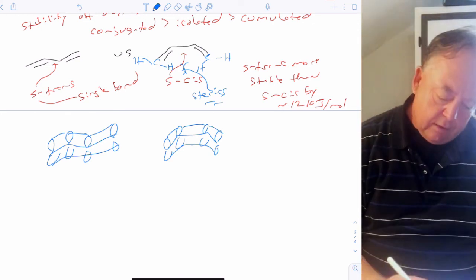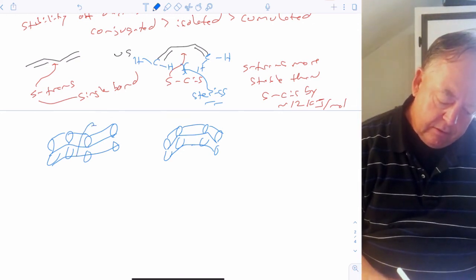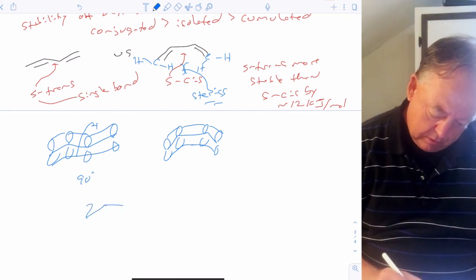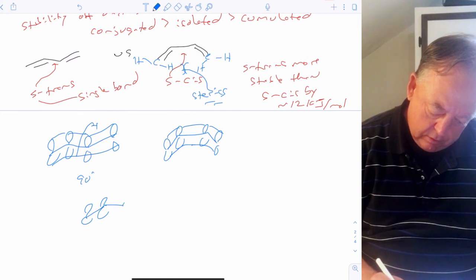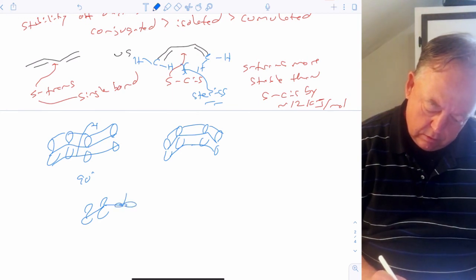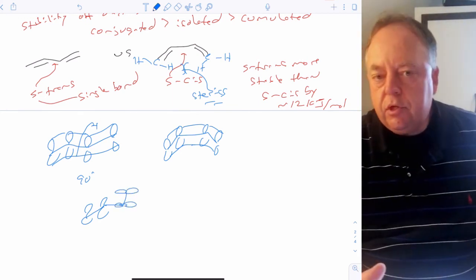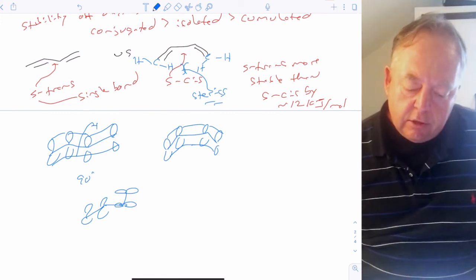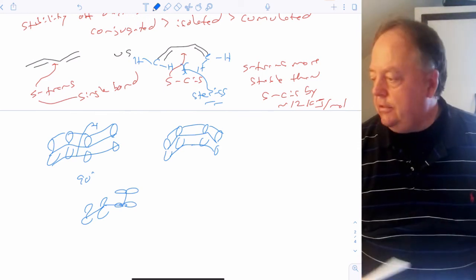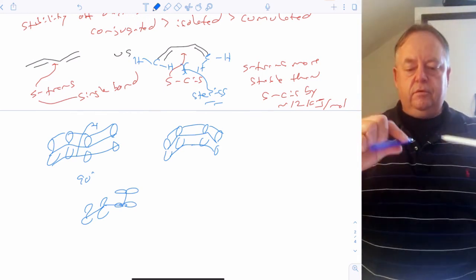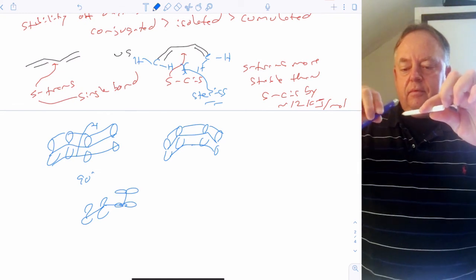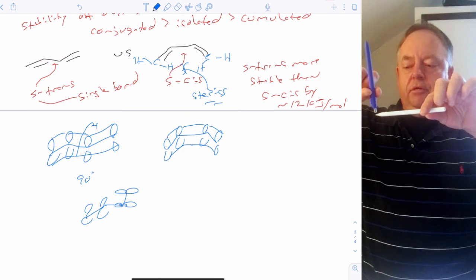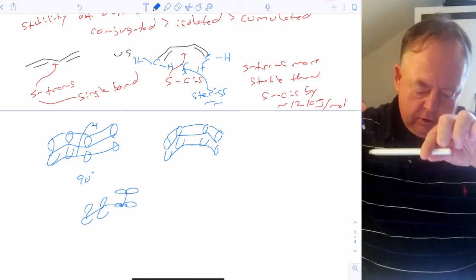So you don't want to rotate around this bond 90 degrees, because if you did that, then the p orbitals are not in the same plane and they're not conjugated. So that breaks the conjugation. That way they're still conjugated when flat, but not like that, because then the p orbitals are perpendicular to each other and there's no longer conjugation.